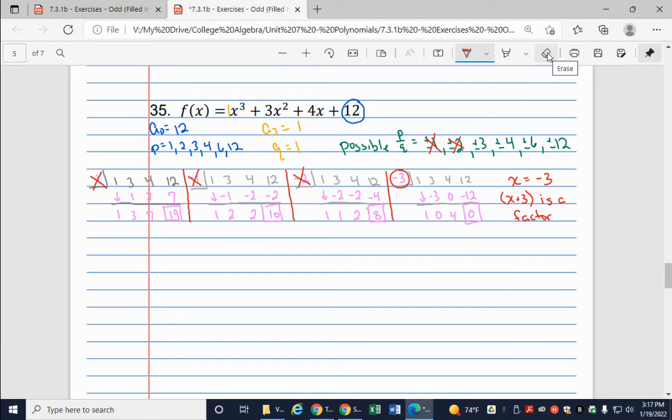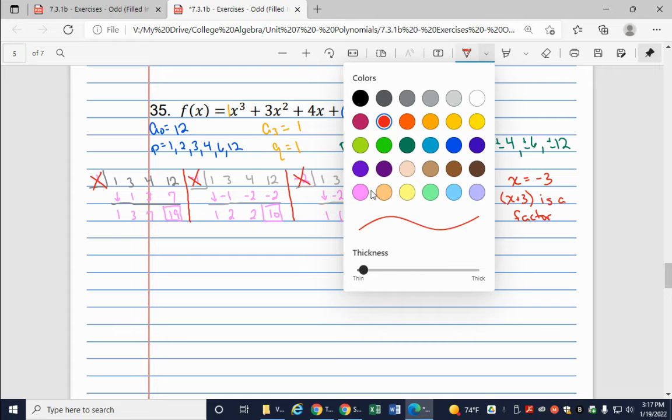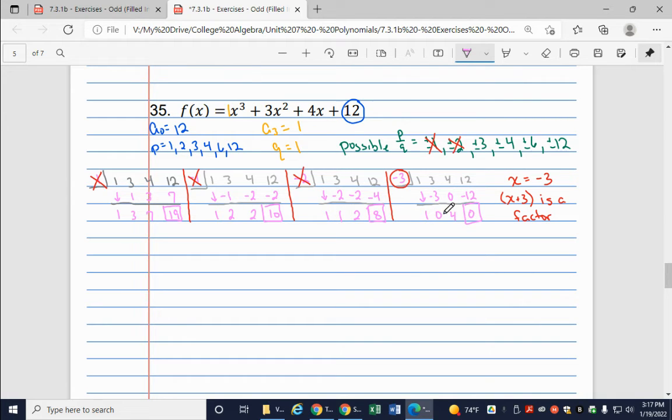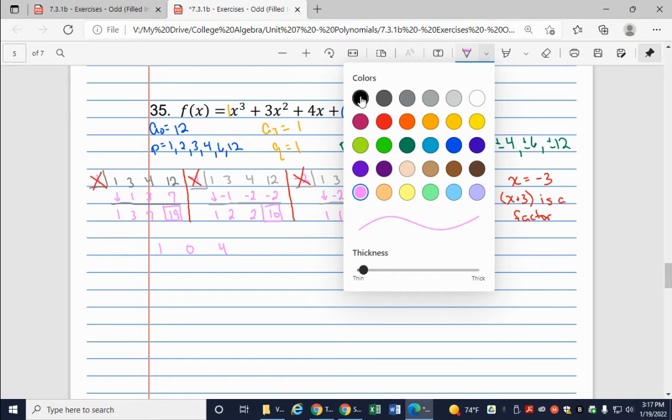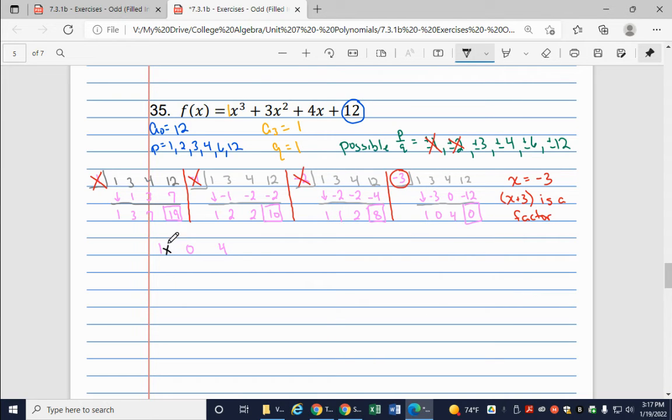Okay? So then when I take the 1, 0, and the 4, I can use that to figure out that it's going to be 1x, if this was to the third, then this is going to be squared, plus 0x plus 4, which you could rewrite as x squared plus 4.